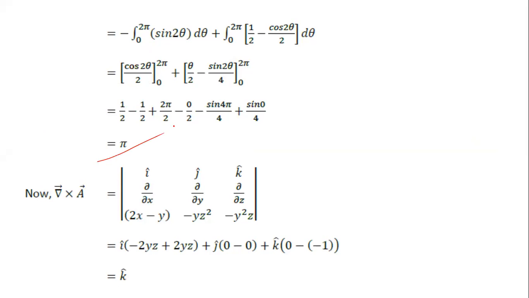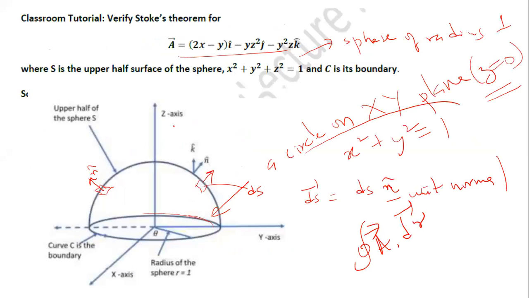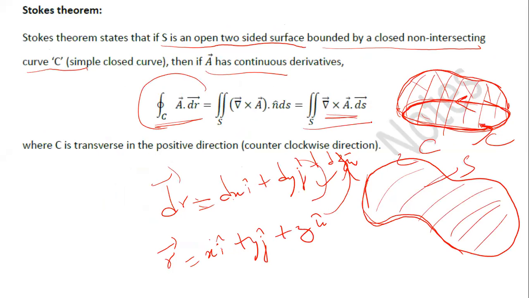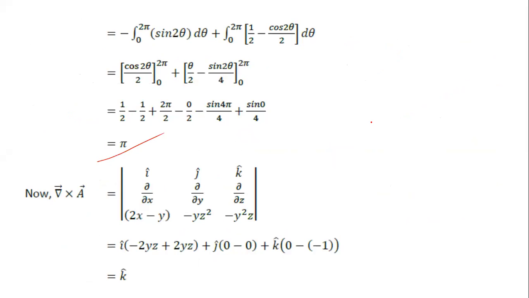Okay. So the right hand side of this Stokes theorem is the surface integration of curl of A. So you have to perform the curl of A. This is how we perform curl of A; I've given you an example also, and I have explained this. You perform the curl of A, and eventually you will get k cap.